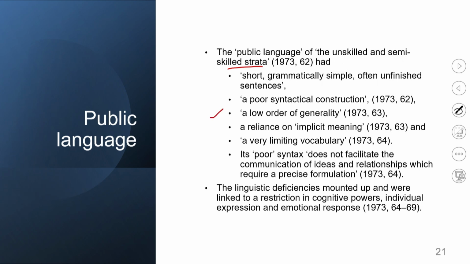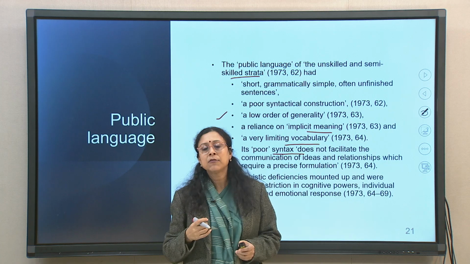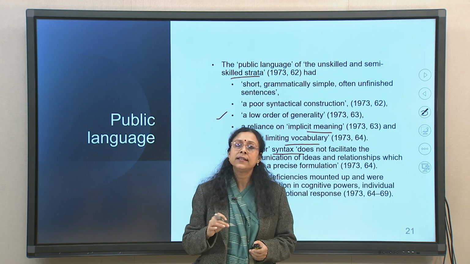The indicators are short, grammatically simple, often unfinished sentences, poor syntactic construction, low order of generality, reliance on implicit meaning, limited vocabulary, poor syntax, etc. So, this initial idea of public language versus formal language was based on syntactic difference.